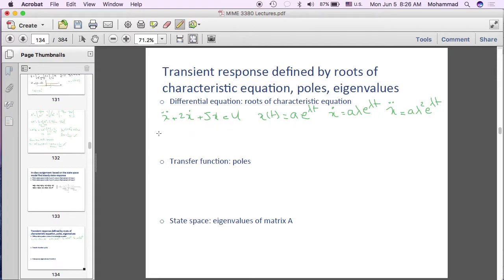I'm going to write a e to the power lambda t, and then for x double dot I'll get lambda squared. For x dot, I have lambda multiplied by 2, so plus 2 lambda. And for x, I'll have 5. So plus 5 equals u.